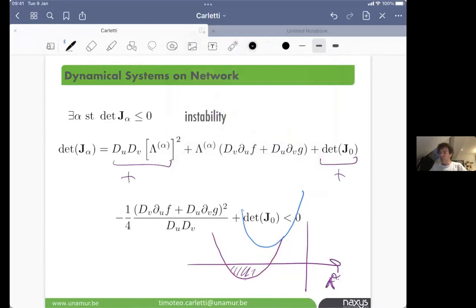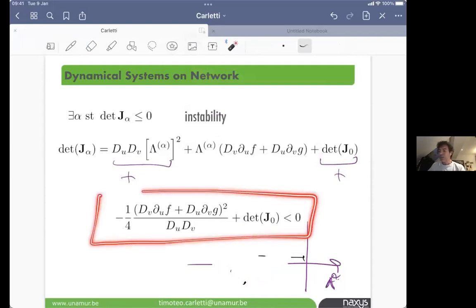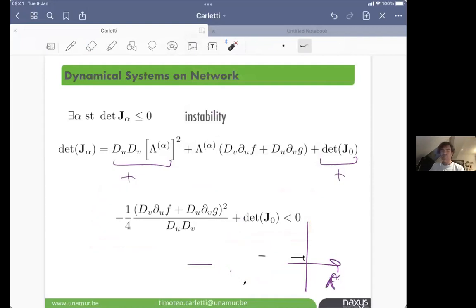You look for the minimum of the parabola, which is the vertex, and you want this vertex to have negative horizontal position, and a negative value. If you do the small algebra, I think it is second year student algebra, then you end up with this condition. So let me remove the parabola.